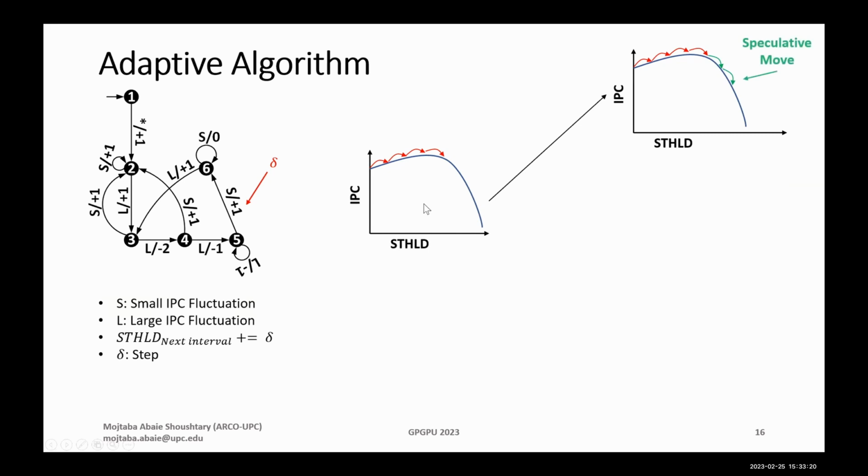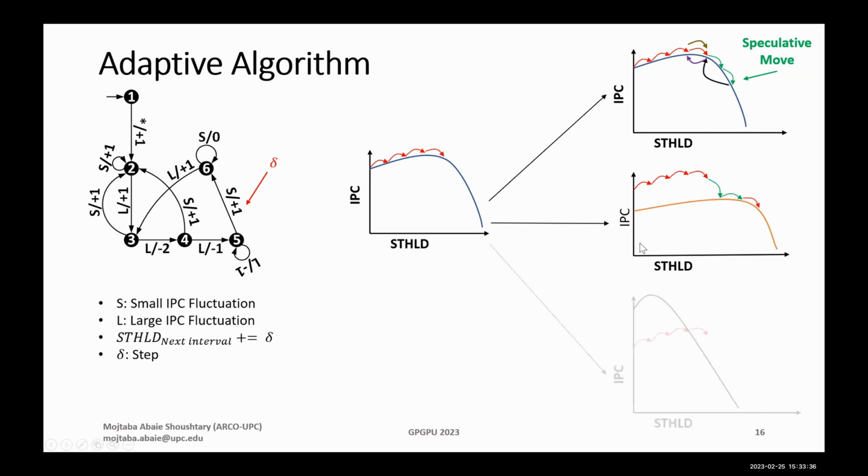The idea is that, assuming the characteristic we expected, it can walk through a curve and converge to the optimal point that maximizes both IPC and hit ratio. This is how the execution of a sample works for this dynamic algorithm. It walks over the curve and reaches the optimal point.